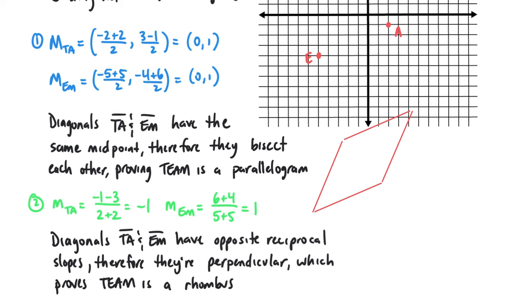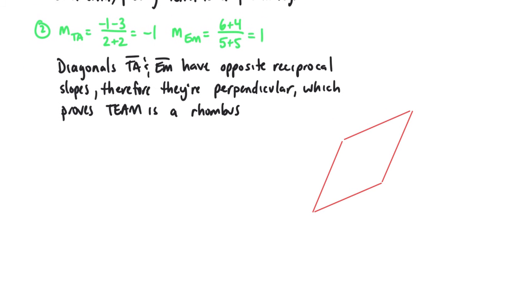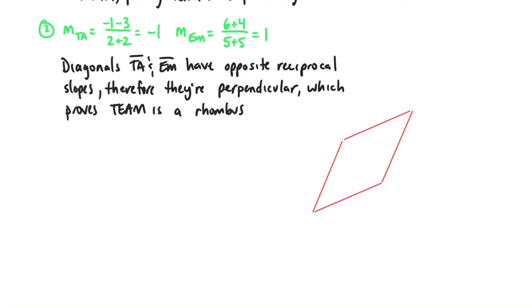Okay, one more step left to go. So I've proven it's a rhombus. Now I need to prove it's not a square. So here we go. In order to do square, I'm going to show that the diagonals are not congruent to each other. So that means I need to do two distances.